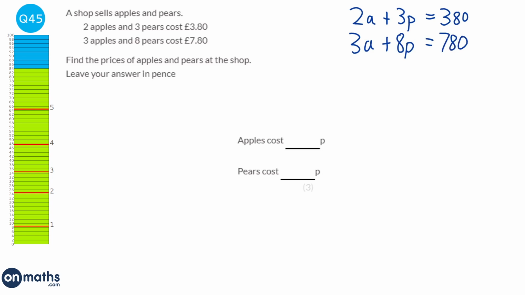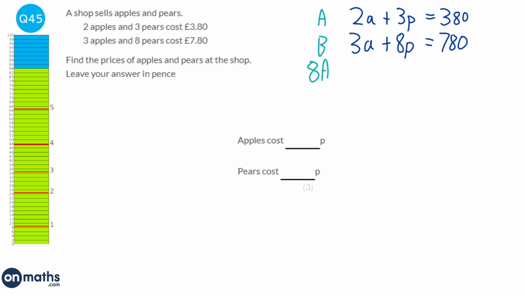Okay, so the first thing I do is try and get these numbers the same. So 3 and 8, they both go into 24, so I need to make them both 24. And what some people do is they just label this A and this B. So what we're going to do here is multiply everything in equation A by 8, so that this becomes 24.